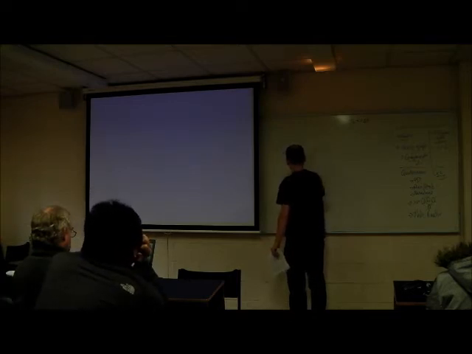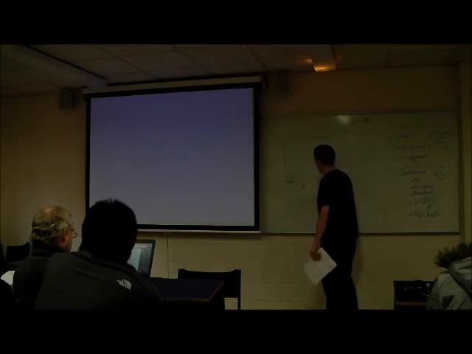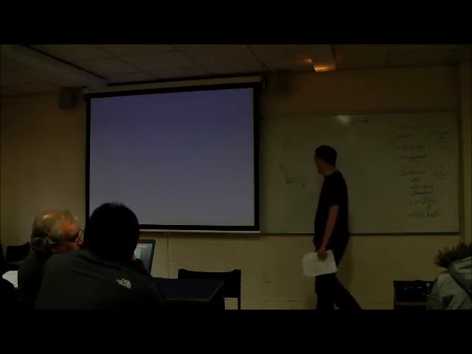Here's the graph, right? On this axis, we have time, and on this axis I have my velocity. So I've got time plotted against velocity here. And this is an example.